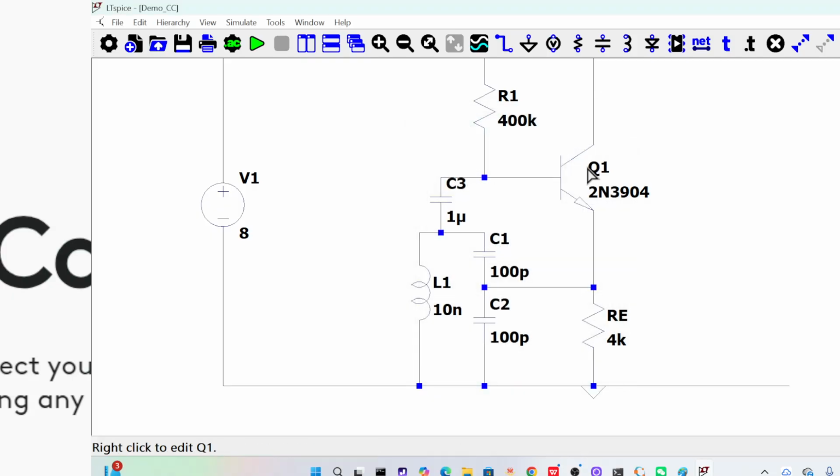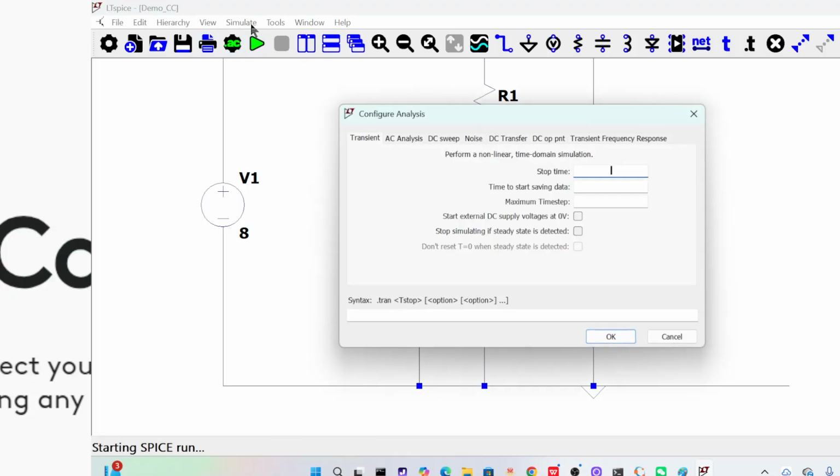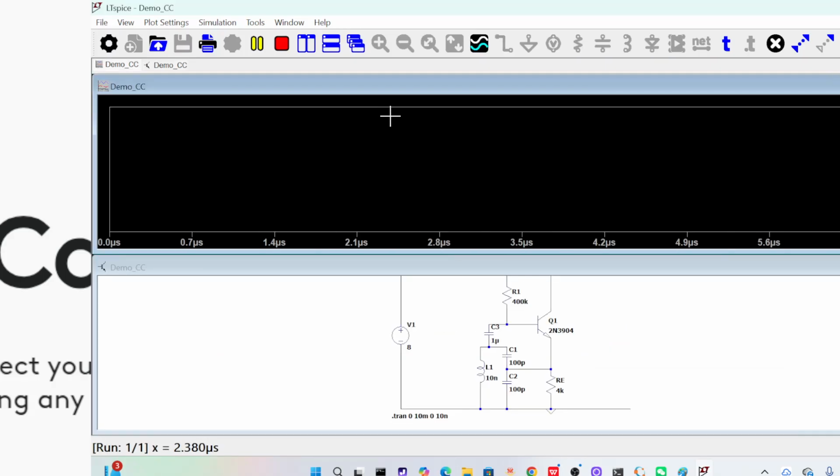Yeah, this is big enough. So this is the kind of circuit that you might like. And then we need to do this, right? Starting point, you will start storing data. And the maximum timestep, I suggest 10 nano. You have to specify this, otherwise it won't converge. So I hope we will get something.